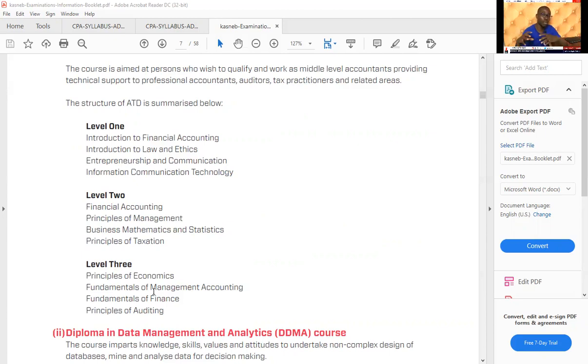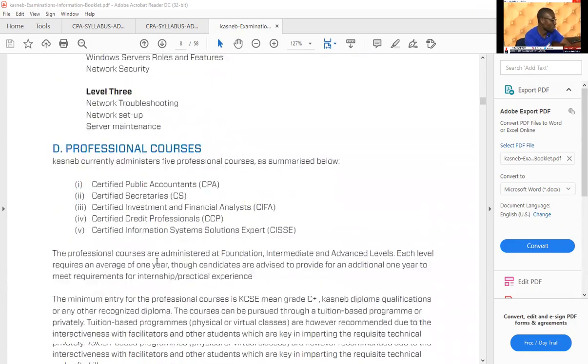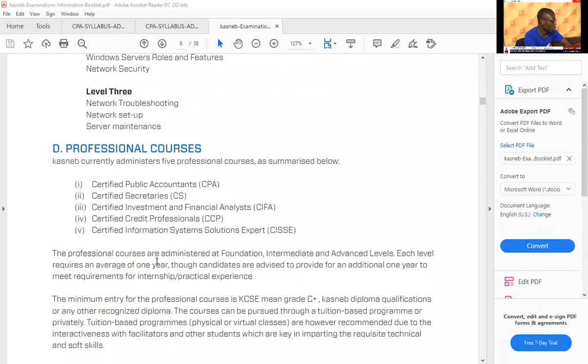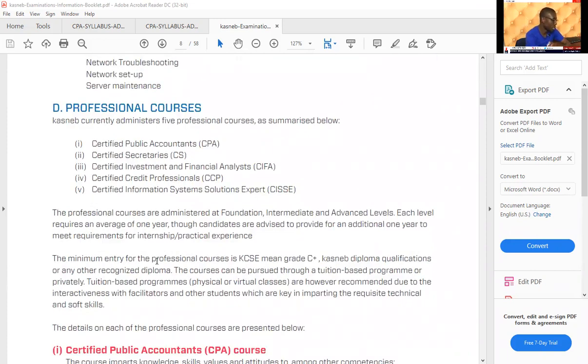But my main focus today, I'll be talking about CPA, how the transition of CPA will affect the current and also the new students who will be coming in. Then you also have our professional courses, which still have the same courses that were there, they have been maintained.